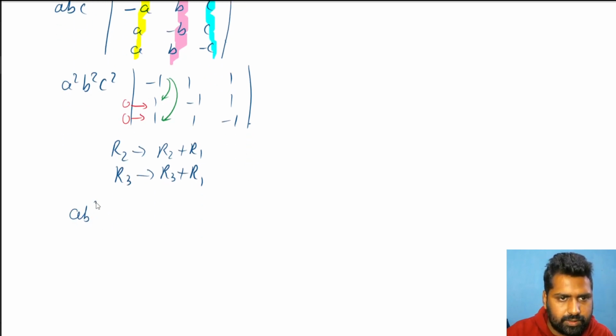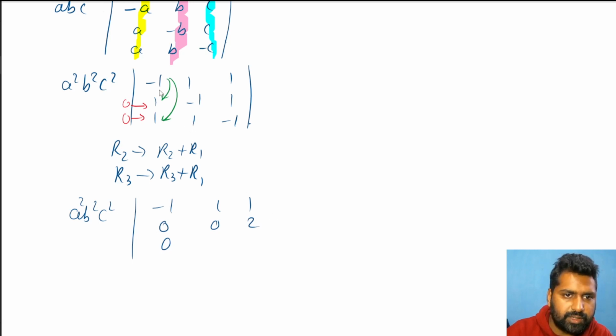So a square, b square, c square, determinant: minus 1, 1, 1; 0, 0, 2, adding them, minus 1 plus 1 becomes 0, 1 plus 1 we get 2. Then row 3 will become 0, 2, 0.